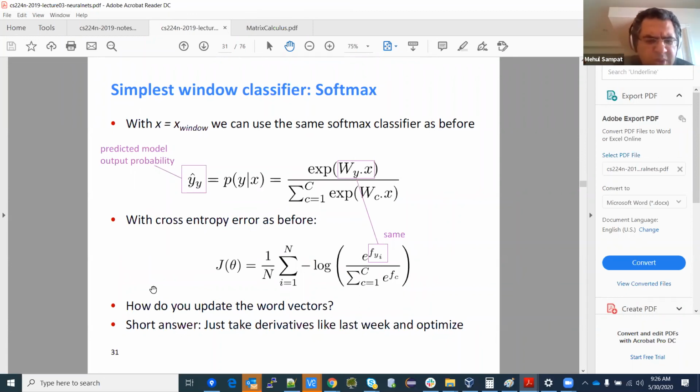So given that window, what is the probability that we belong to a particular class Y, right? So here this is your predicted output probability from your model, right?